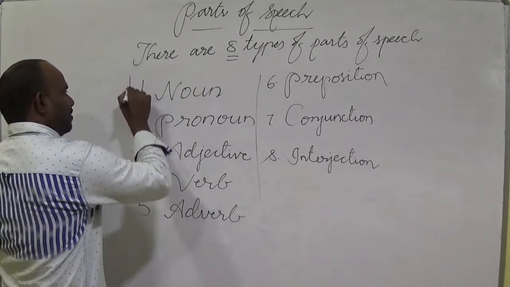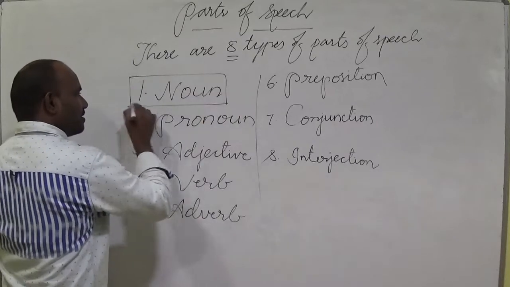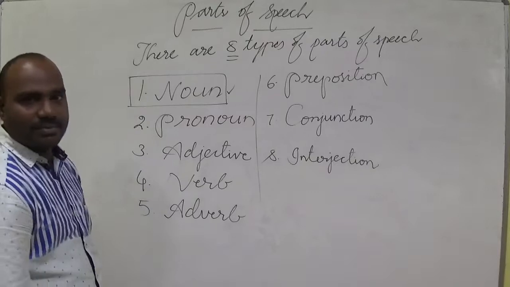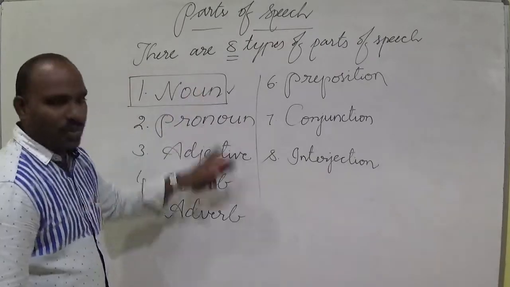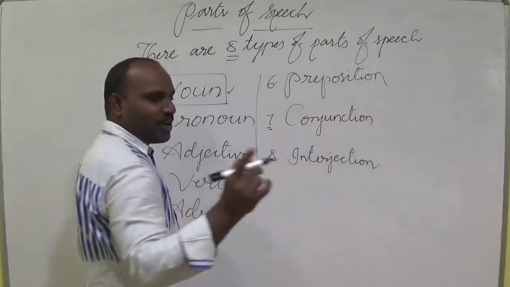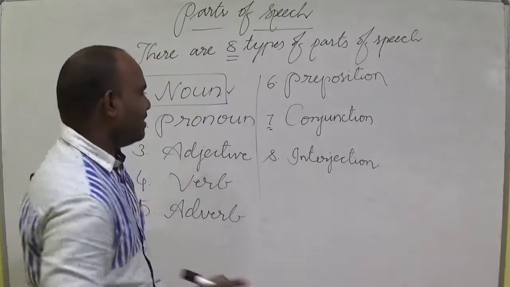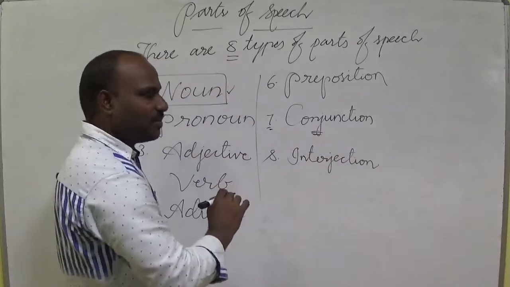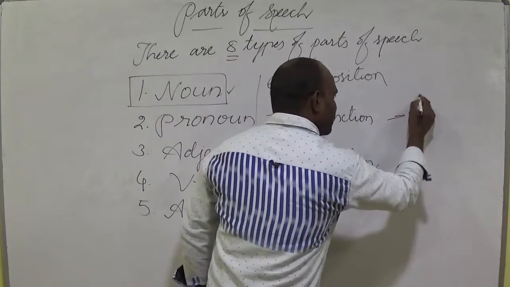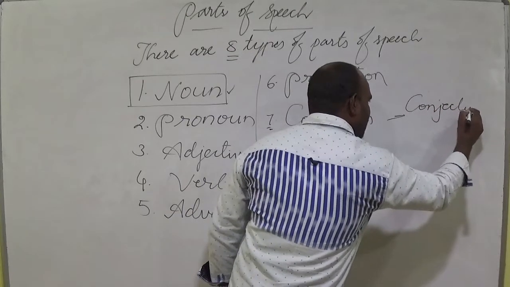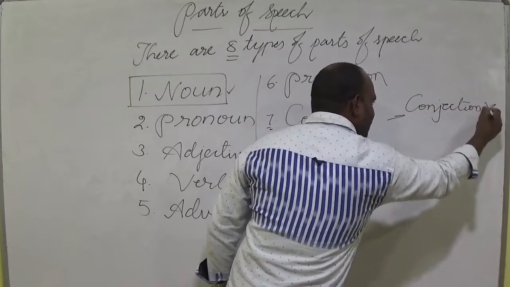Today, we are going to discuss the first one, noun. Okay? Once note down these 8 parts of speech. See, particularly the common mistake every student makes is, while writing conjunction, most of the students write it wrongly. So this is wrong.